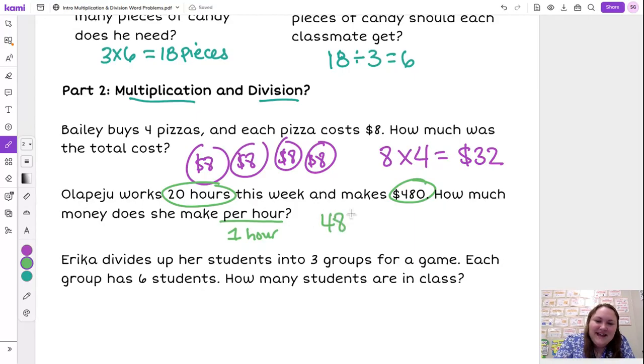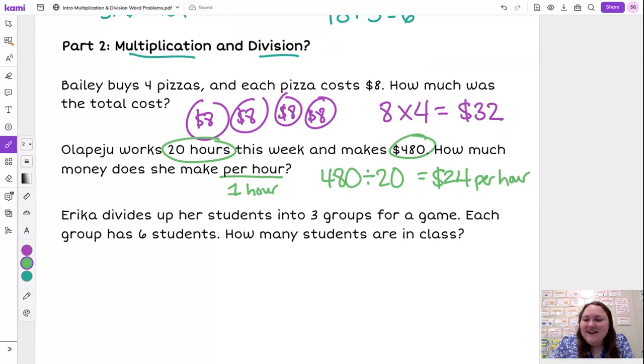We would be dividing that total money by how many hours she worked to help us find how much money she makes each hour. You would want to use your long division to figure this out. And like we said, the answers for these aren't the focus in this video, but if you did do the math, you would end up getting the answer 24. She makes $24 per hour.